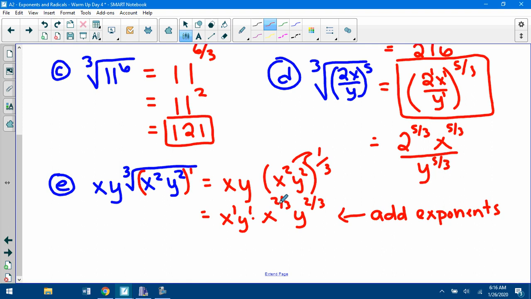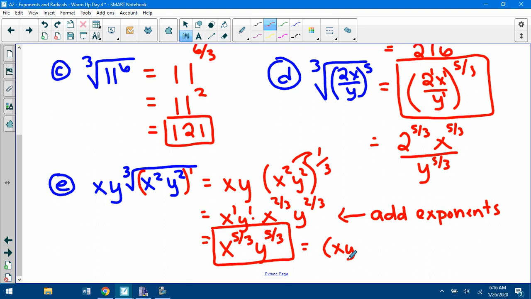So 3/3 plus 2/3, that's 5/3. So x to the 5/3, and the same thing's going to happen to the y's. Y to the 5/3. And there's your answer. Now, that is the same as xy, all raised to the 5/3 if that was a multiple choice. But either way would be acceptable.